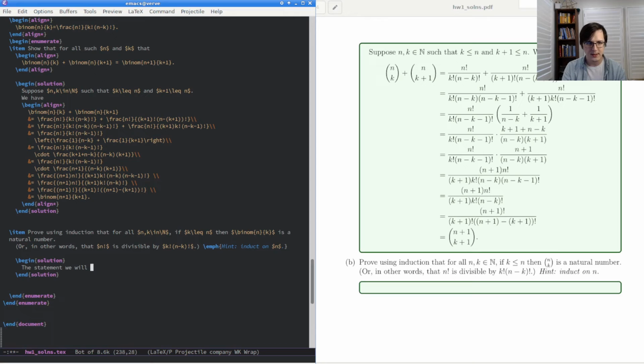So the statement we will use for induction is P(n) being: for all k in the natural numbers, if k is less than or equal to n, then the binomial coefficient n choose k is a natural number.